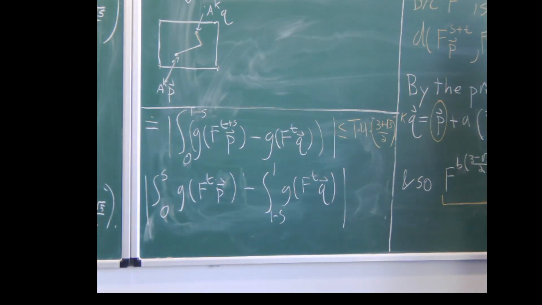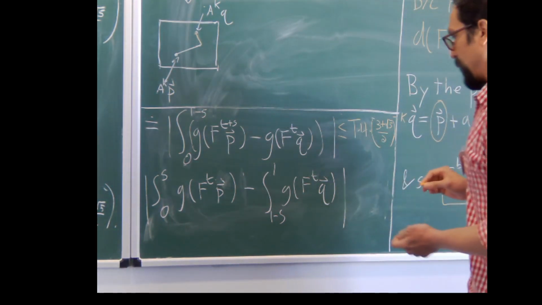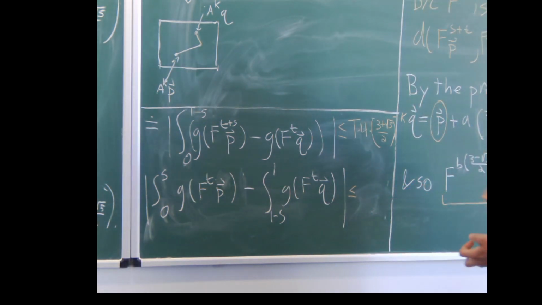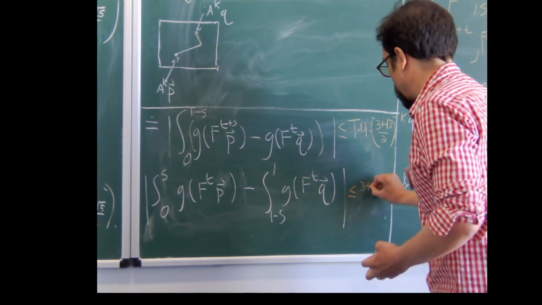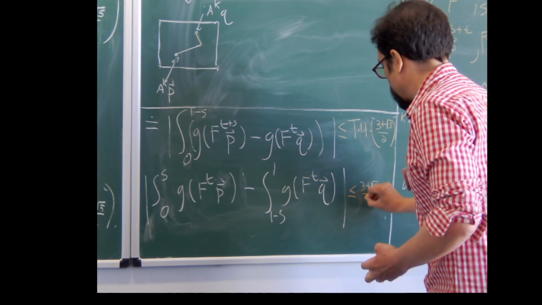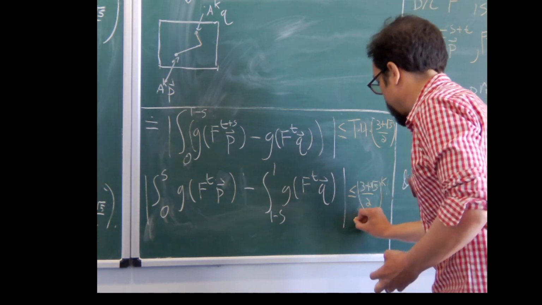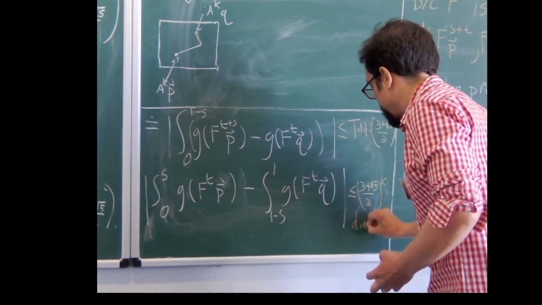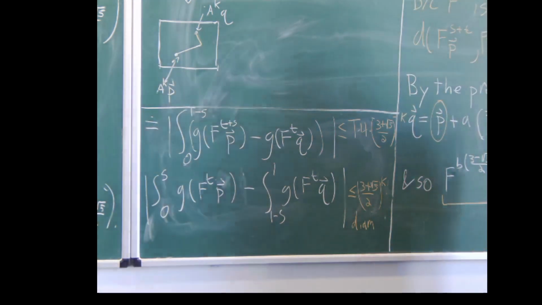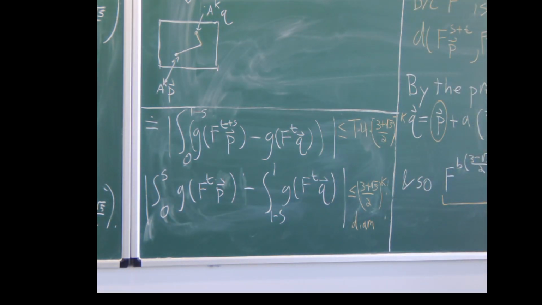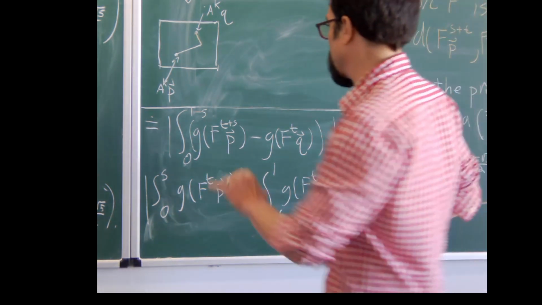And this term is less than or equal to ((3 plus the square root of 5) over 2) to the k times the diameter. And I need a factor of 2. Oh no, I think that's correct. Everybody, let's talk about where these estimates come from.